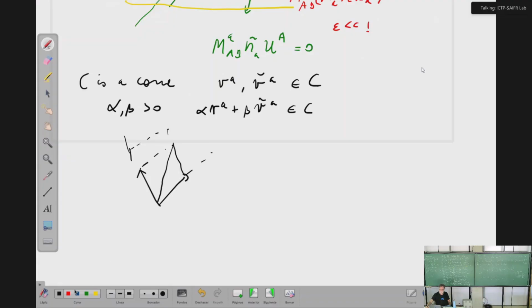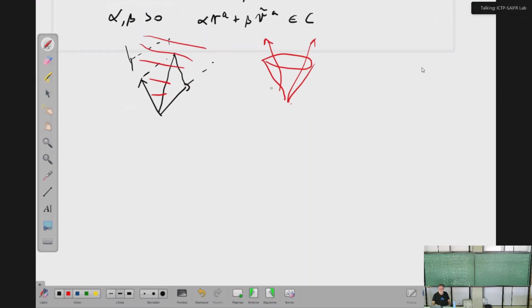So a cone in 2 dimensions is this triangle up to infinity, this sector. In 3 dimensions, a cone it will be like this, for instance, all vectors here. What is a cone? Let's think about.